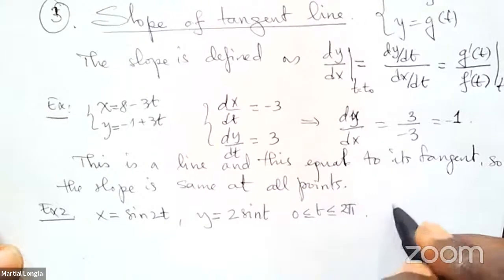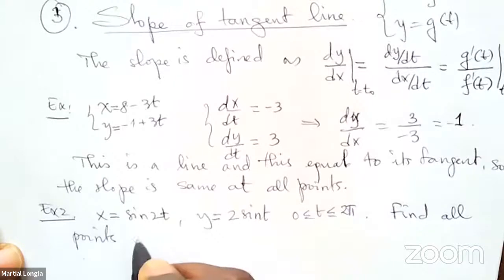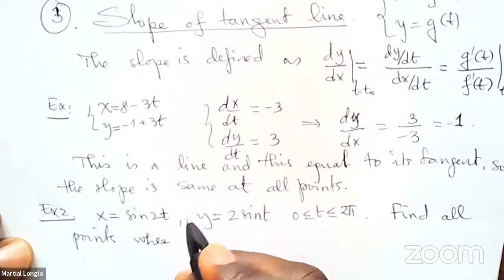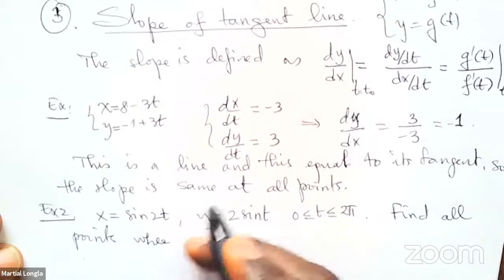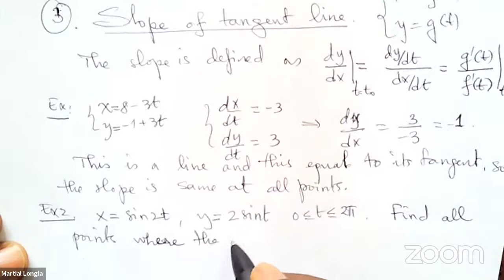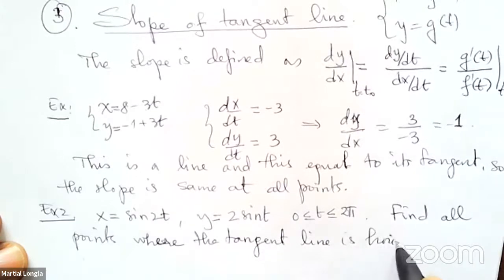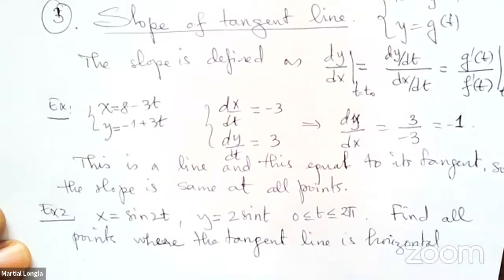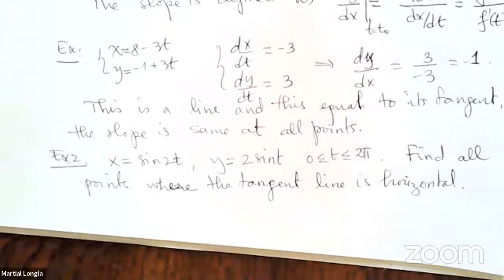The question says, find all points where the tangent line is horizontal.